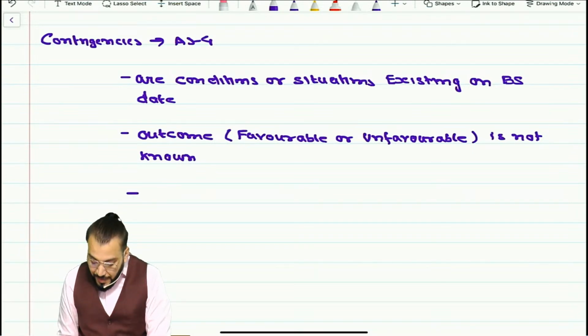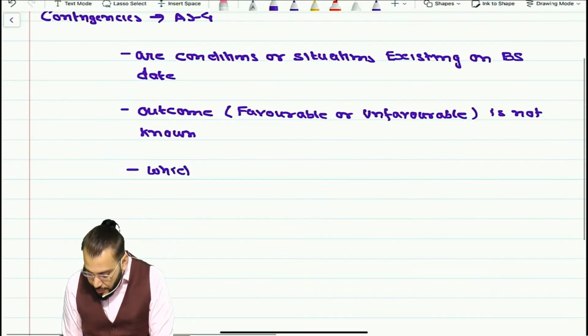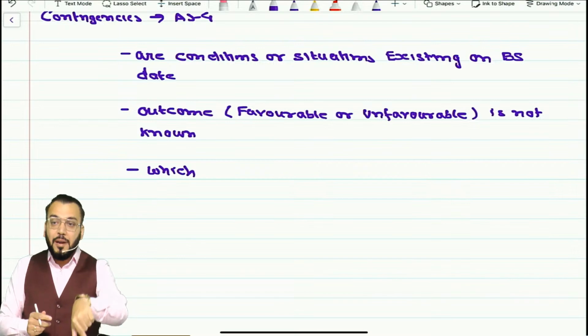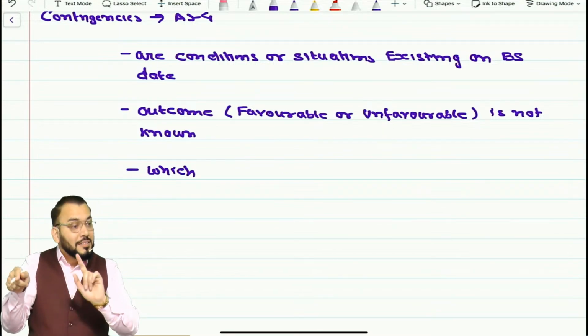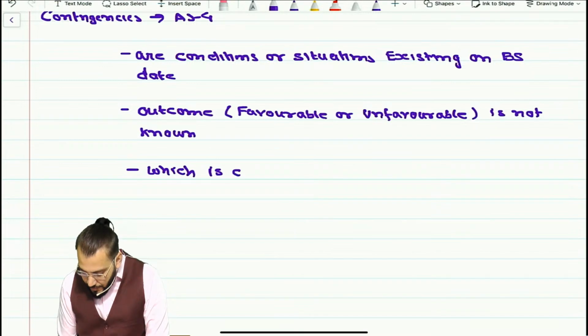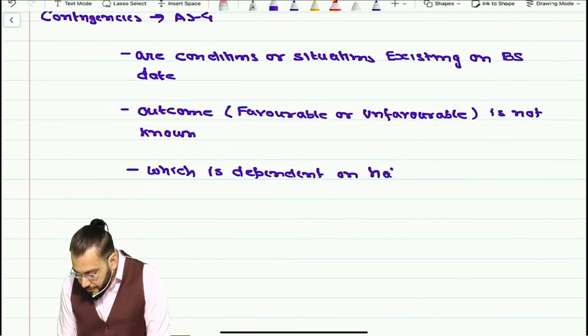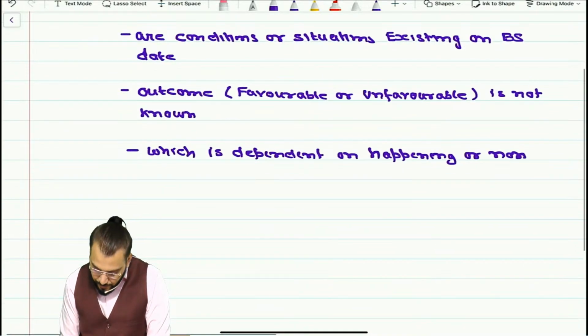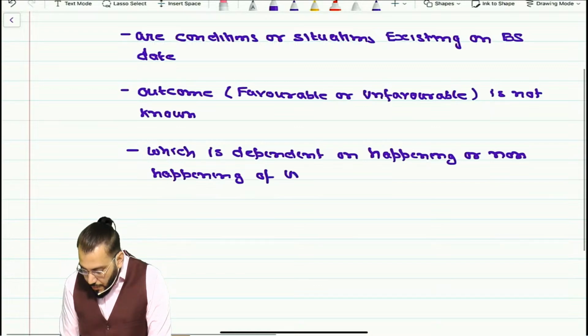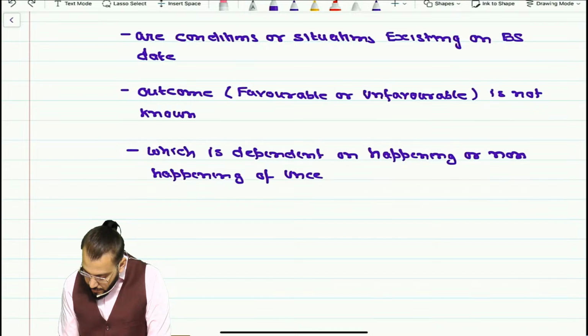Understood? The outcome is dependent on the happening or non-happening of an uncertain future event.